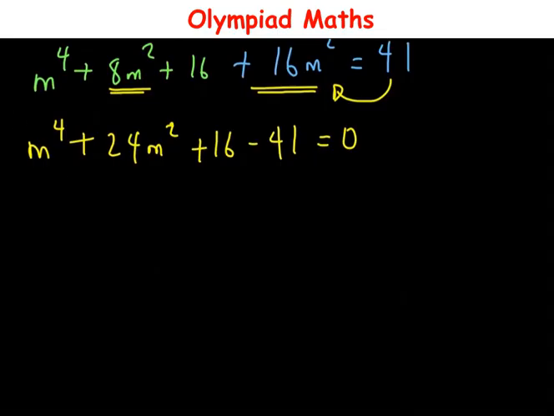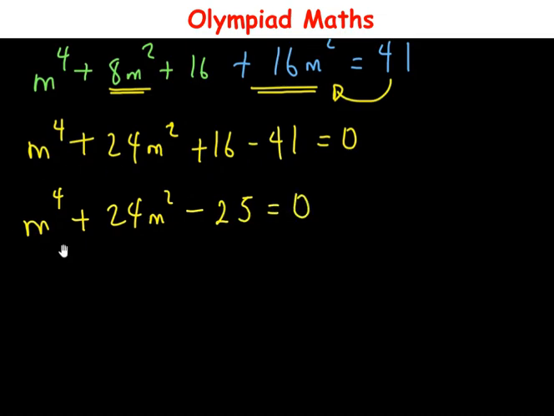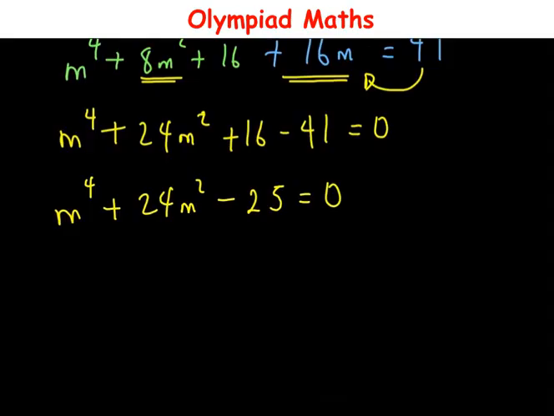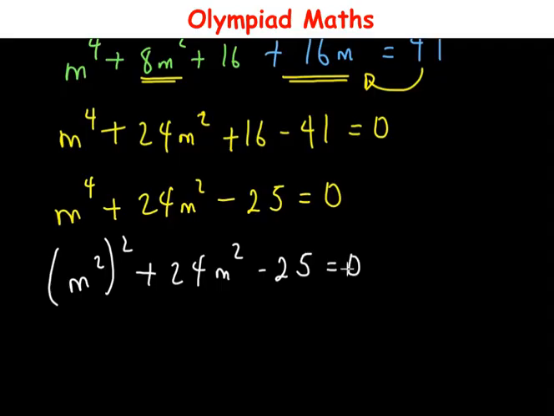And with this, we have m raised to power 4 plus 24m squared plus 16 minus 41. That will give us minus 25 equals to 0. Now, this can be simplified further as (m raised to power 2) all raised to power 2 plus 24m squared minus 25. This equals 0.